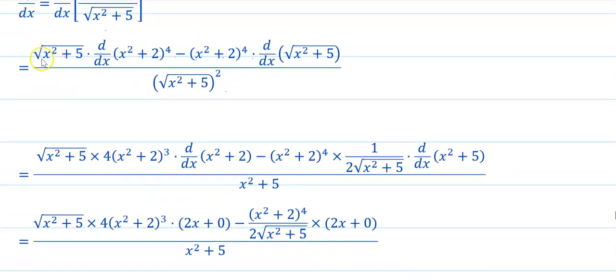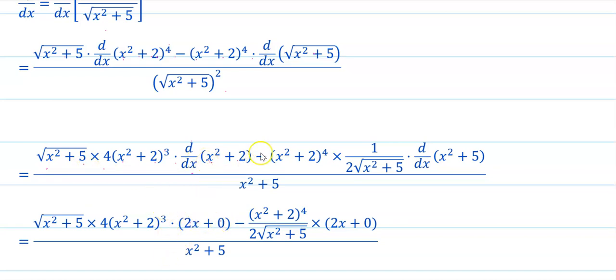Therefore root of x square plus 5 as it is, into derivative of (x square plus 2) raised to 4. Now for the power, we differentiate: 4 times (x square plus 2) raised to 3 into d/dx of this composite one, that is d/dx of x square plus 2. What's the derivative of x square plus 2? It is 2x, and the derivative of 2 is 0.